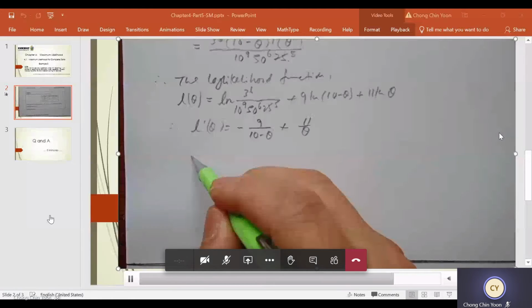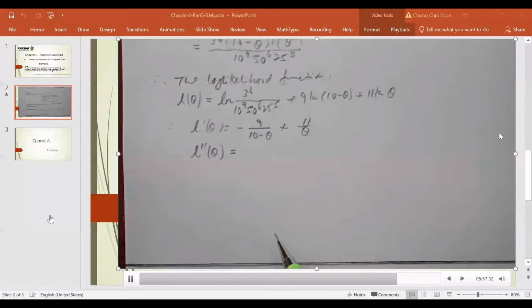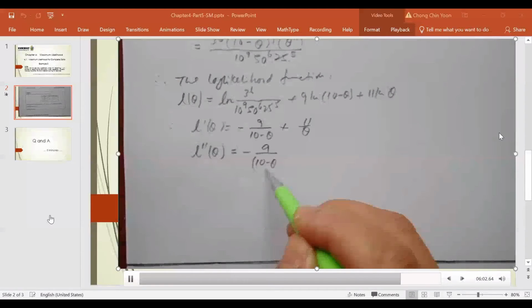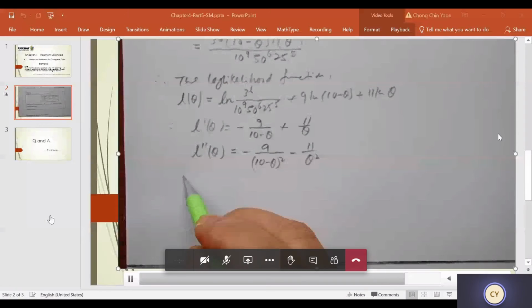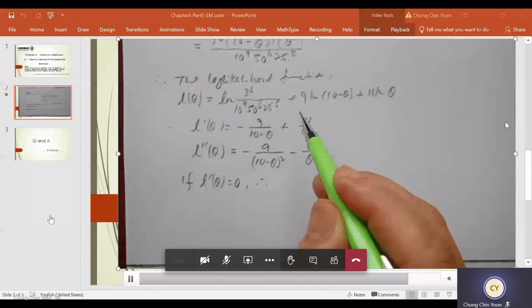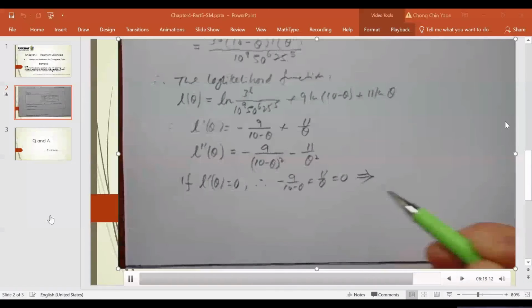And next we go to second order. So this will give me negative 9 divided by 10 minus θ squared and minus 11 over θ squared. Now, if the slope equals 0, therefore this equals 0 as well. And I will have θ which is 5.5.